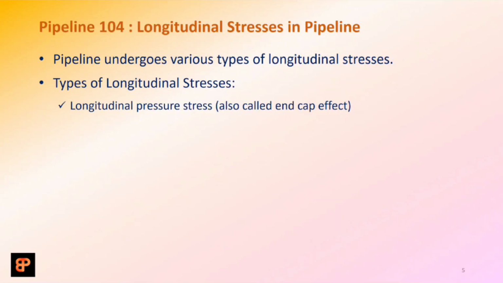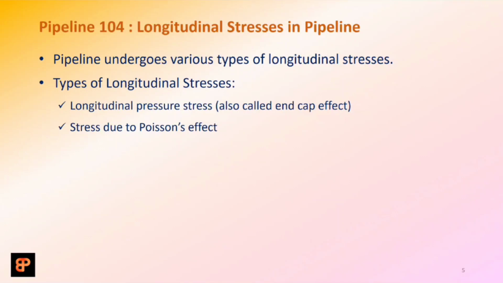What we saw, the PD by 4T formula, is related to the longitudinal pressure stress, also called end cap effect, which we have seen in Pipeline 102. That is just one type of longitudinal stress acting in the pipeline, but there are other longitudinal stresses acting, which we need to study properly.